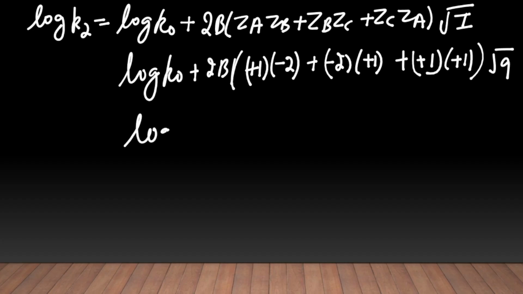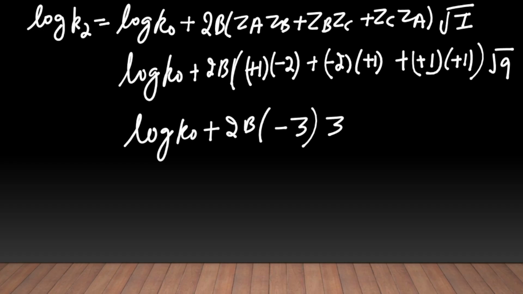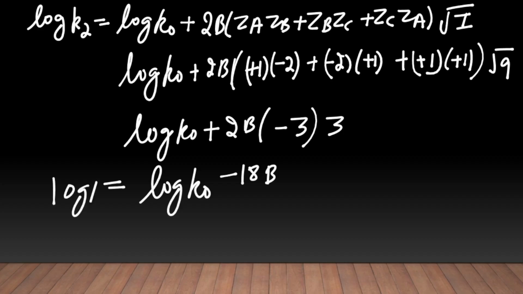On solving, the value will be log of K0 plus 2b times minus 3 into 3, so this becomes 9, 2 nines are 18, that is minus 18b. So this is log of K0 minus 18b, that is equal to log of K2.